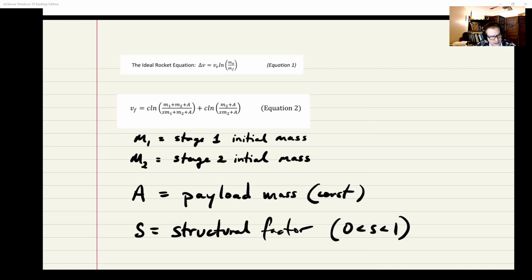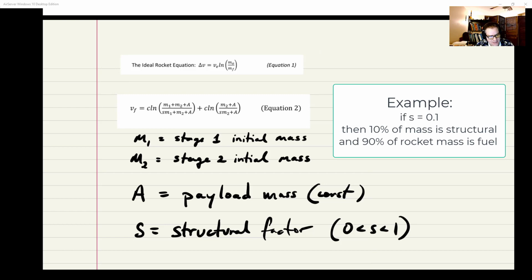So the structural factor might be like 0.1, and if it's 0.1, that would represent that the structure of the rocket itself is 10% of the total filled rocket. So when it's fully fueled, it's heavier, and the structure is just 10% of the total mass. So if S was 0.1, then 10% is structure and 90% is the fuel.